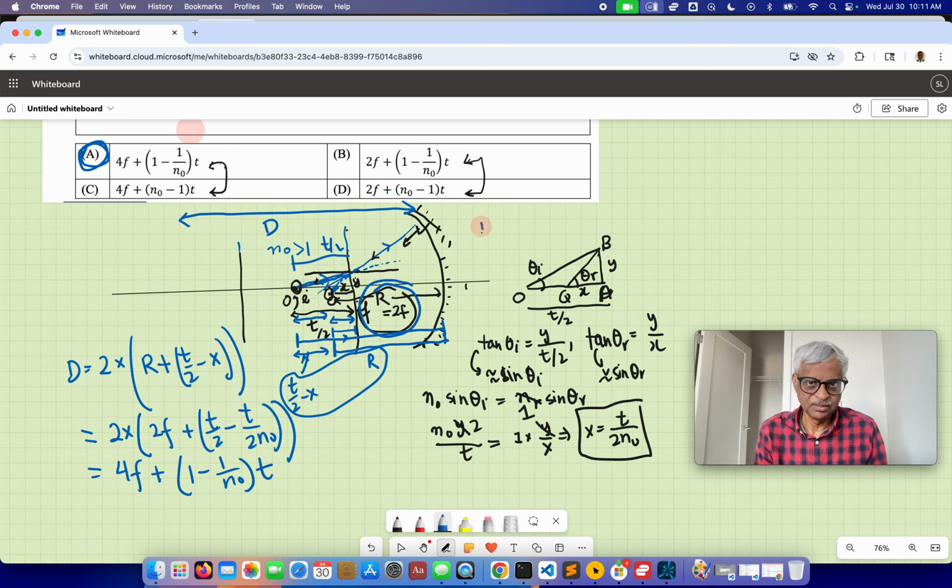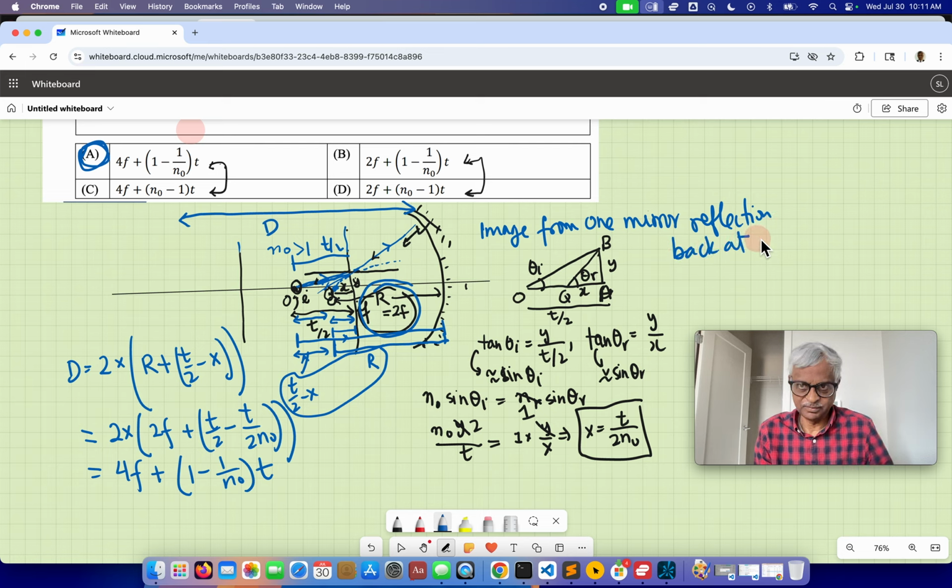So this is image from one mirror reflection back at, oh, this was point S, source, back at S, source S. So this is our one way the image can form. Another ones can be go and reflect back in here, right? So we should do the second one. Maybe that's B or D will be from there.